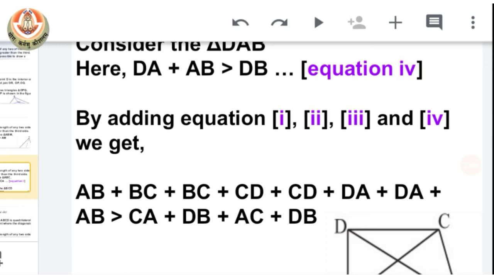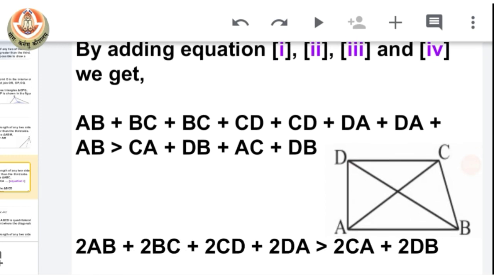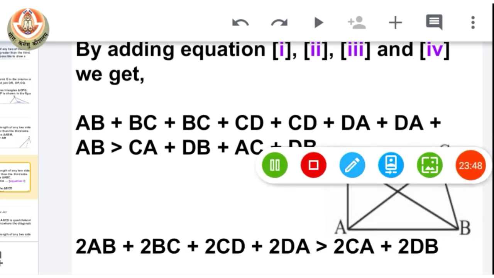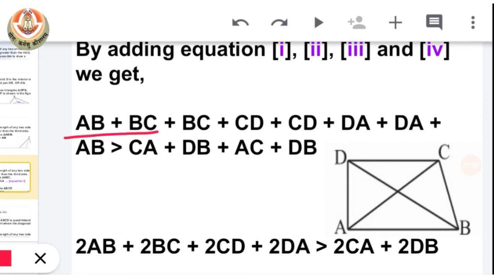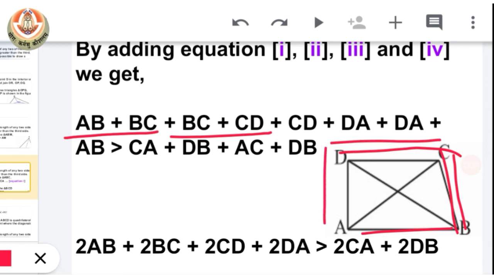So after adding them we will get this: AB plus BC, as according to the first triangle. Then for the second triangle in which BC is repeating, so BC plus CD. Then for the third triangle DC is repeating, so DC plus DA. And for the fourth triangle DA and AB are again repeating. And after that we have the greater than sign.